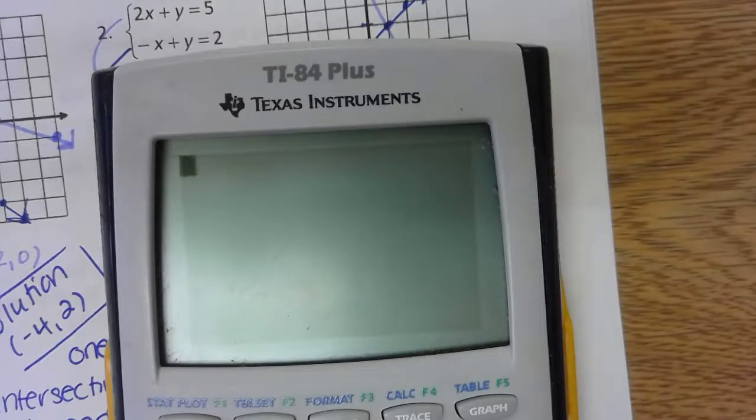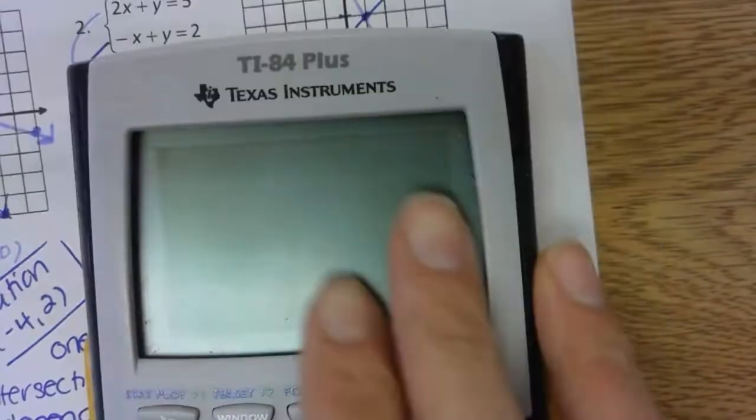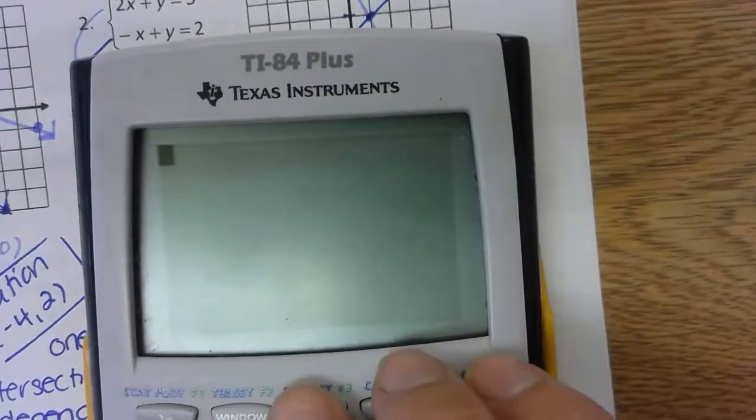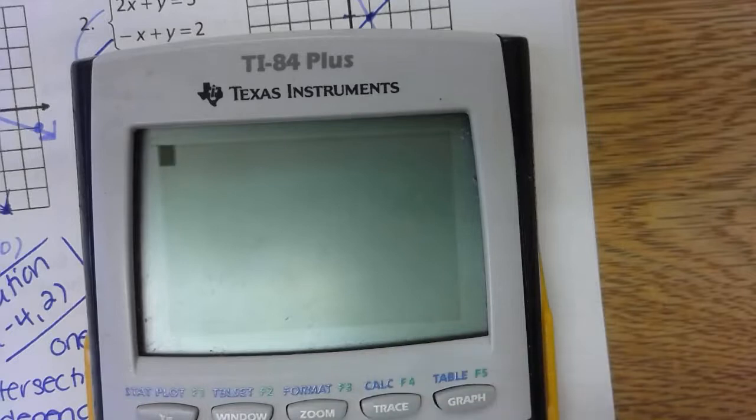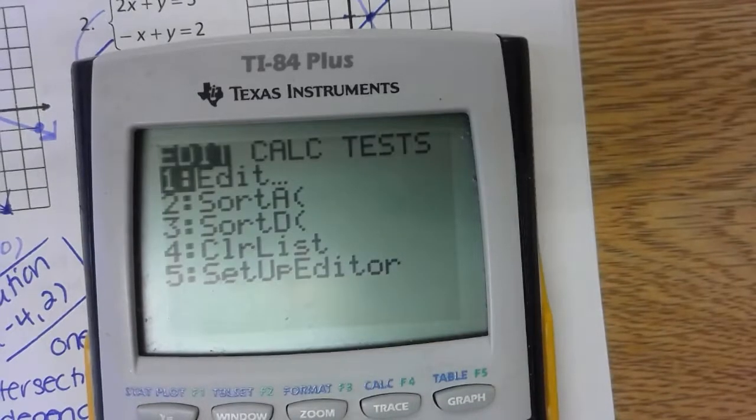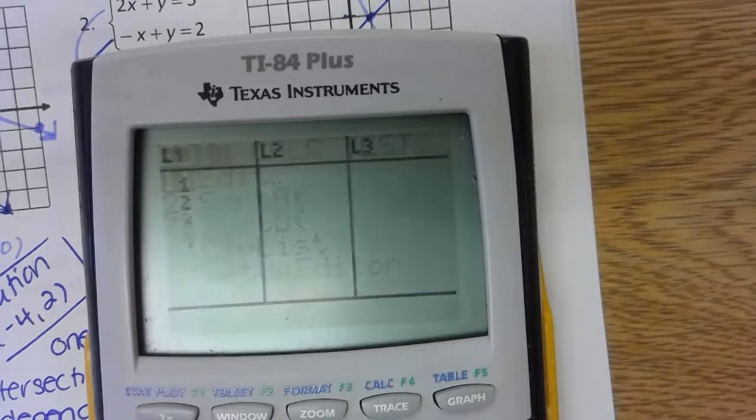All right, so on our graphing calculators, we are going to enter in some data. So go ahead and hit Stat. Go to Edit. And hit Enter.